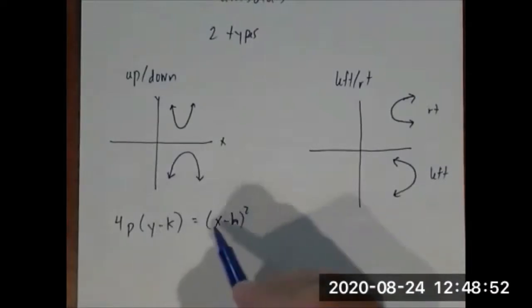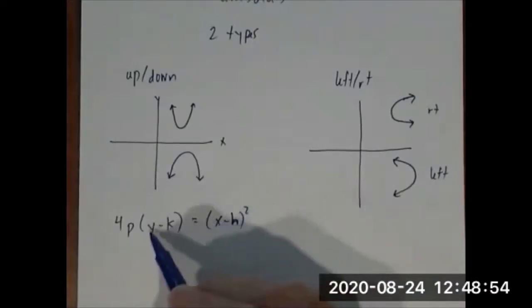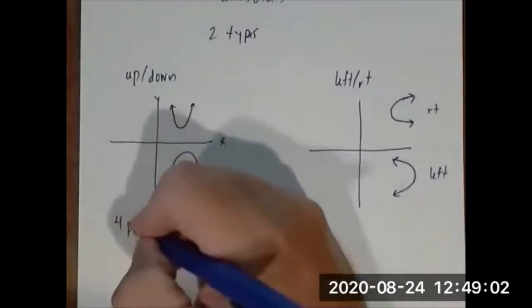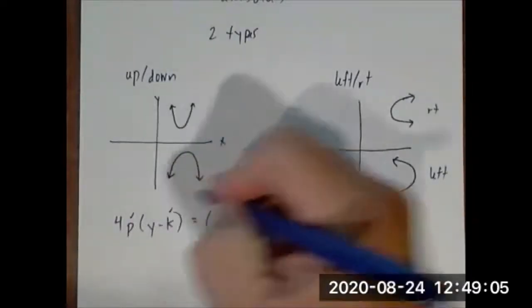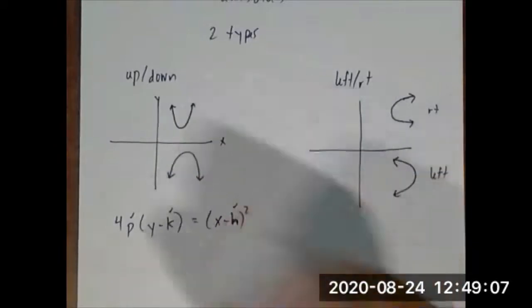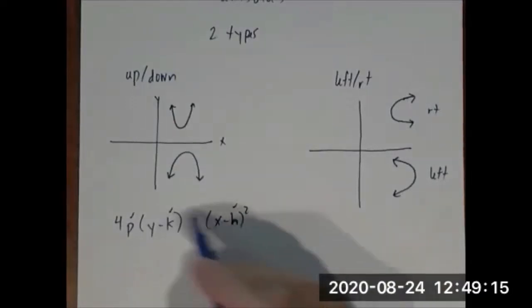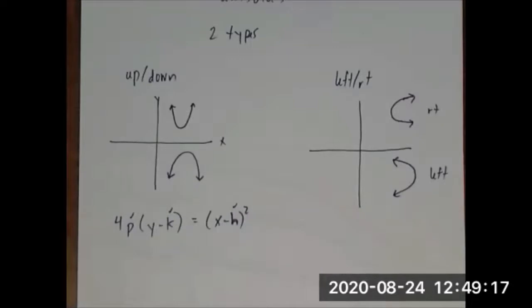Now really, we have our x and y here, which are always going to be there, and that's our normal x and y when we have equations that we graph. It's this p and the k and the h that are the unique things about parabolas, which we have to explain, what those are and how to determine those. So this is a standard equation for an up or down parabola.